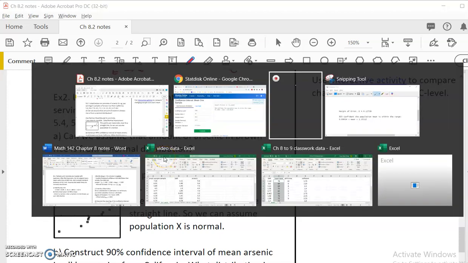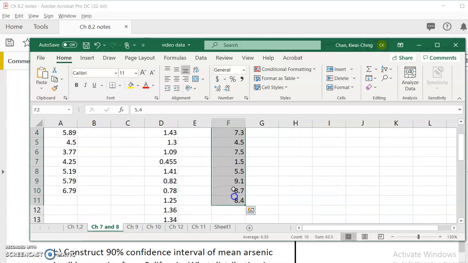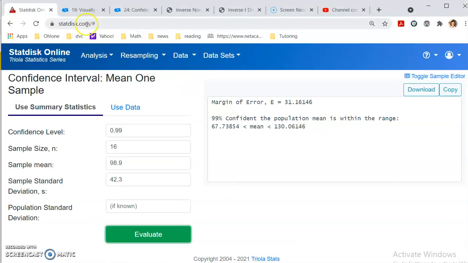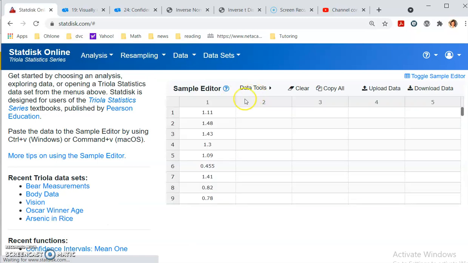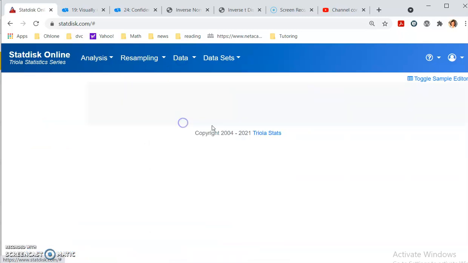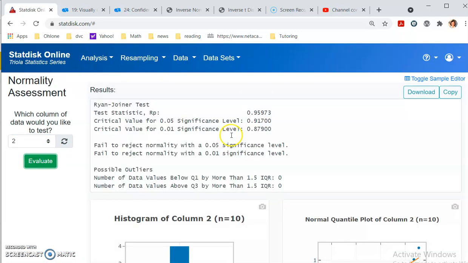So I have my data here in a column. I copy it and paste it into Statdisk. Clear all this, reset the browser, and put it in here, Control V. And then after that, let's do the normality assessment, column 2.